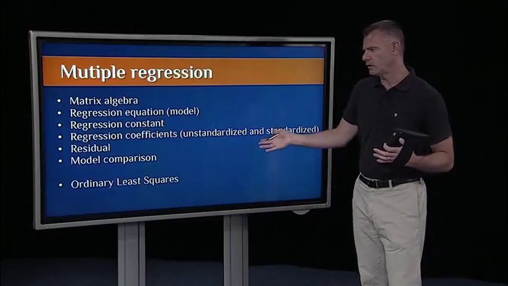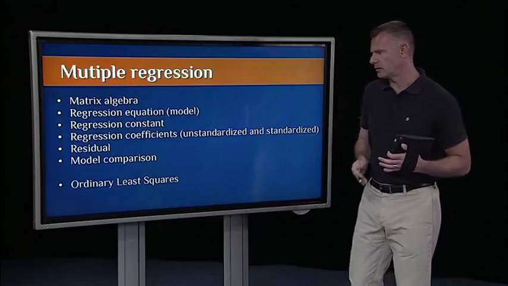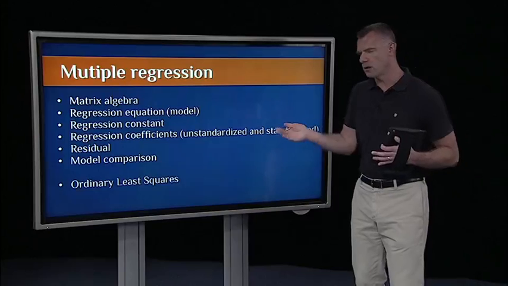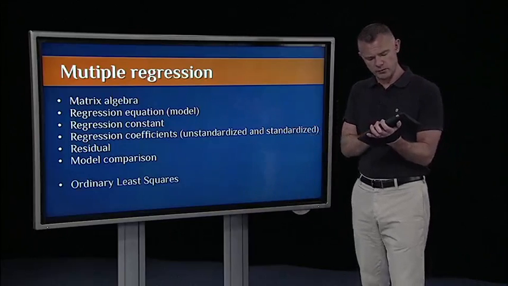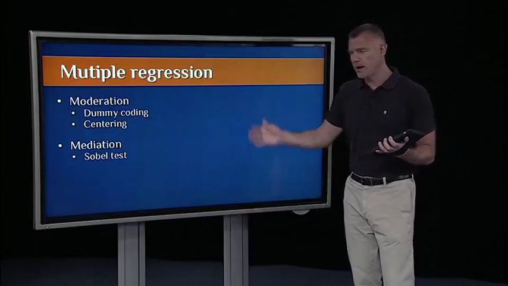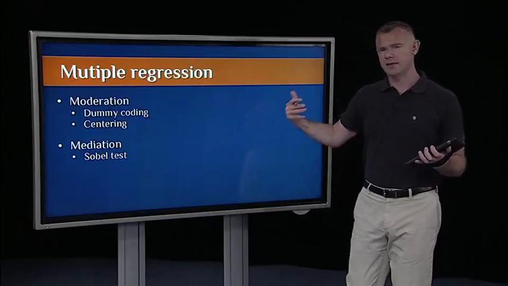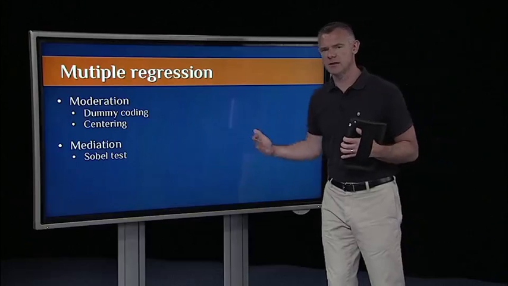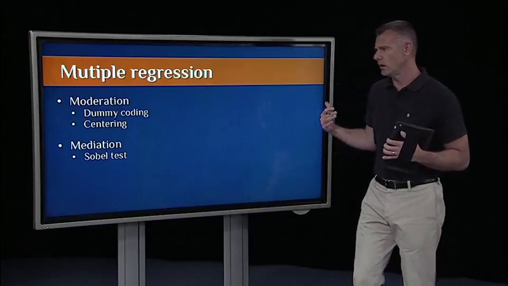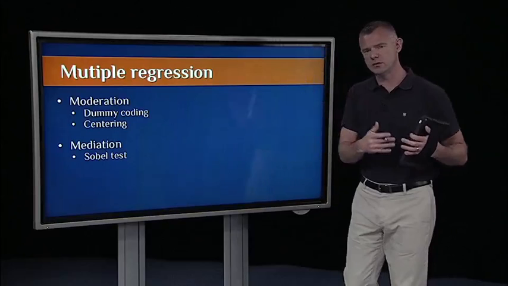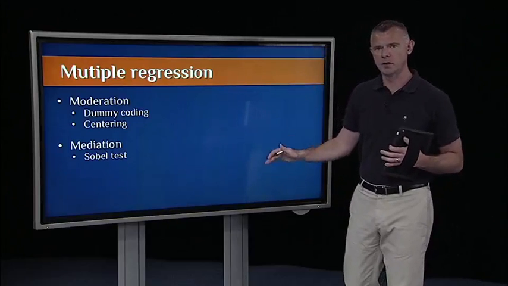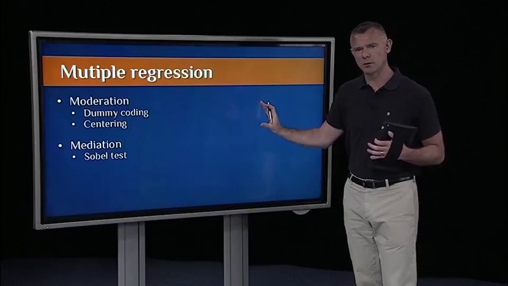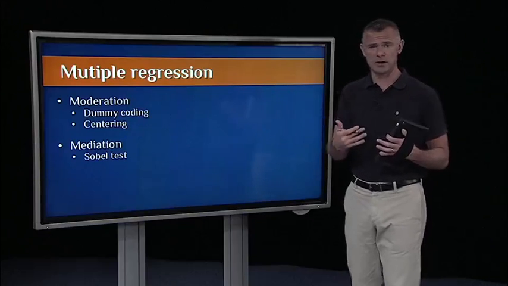And again, we just dealt with things like the residuals, model comparison, and we used ordinary least squares to estimate those coefficients. Finally, the last thing we did, and I think the most complex types of analyses we covered in this course, and that's what my students here at Princeton typically say, were moderation and mediation. So those are just forms of multiple regression that allowed us to test specific hypotheses.